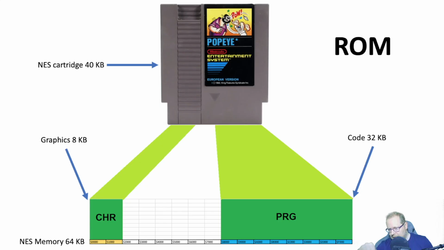Don't study the exact memory addresses here, just try to understand what's going on. We're mapping this cartridge ROM area to parts of the NES memory space. So those areas are now locked as read-only memory. So we just need to access the RAM to make variables, for example.